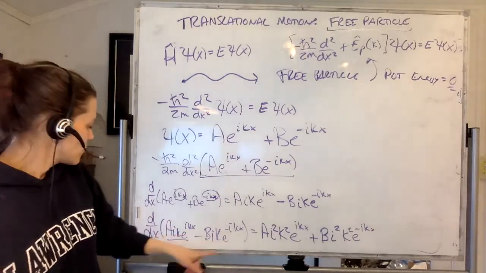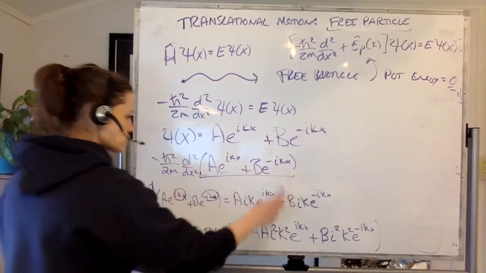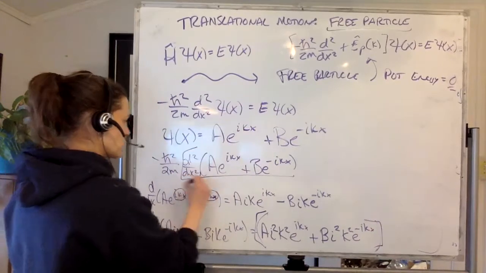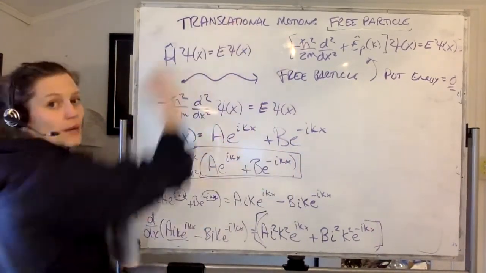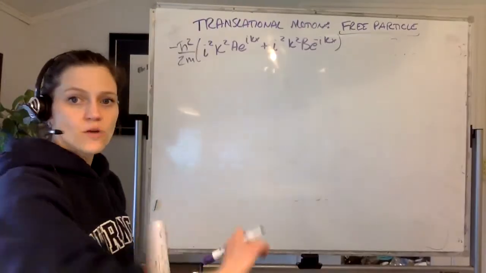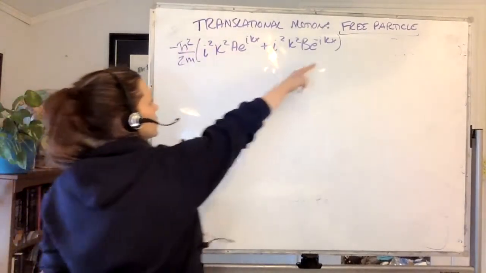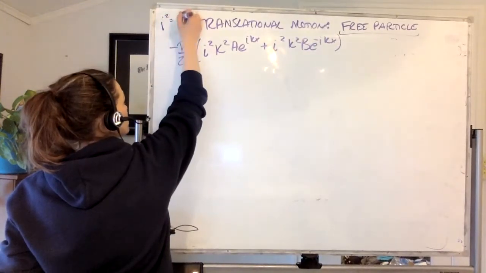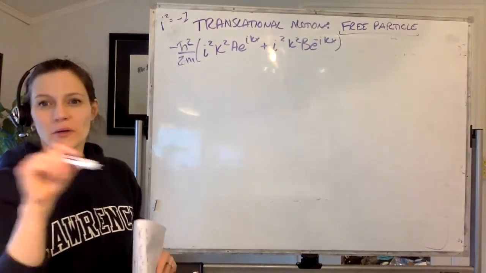Okay, so this is now my second derivative of this function, which means this whole thing, box, is equal to this whole thing. So now I'm going to erase and rewrite this up top. Screenshot if you need it. Okay, so minus h bar squared over 2m i squared k squared, all that stuff. Good to note that i squared is equal to minus 1, since i is equal to the square root of minus 1.